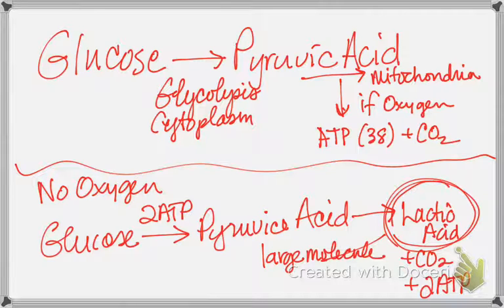Because lactic acid is a large molecule, it has lots of covalent bonds. That means it still has lots of stored energy. So your body says, you know what, it's a waste to dump that lactic acid. I'd like to be able to break that lactic acid down and still make some more ATP.